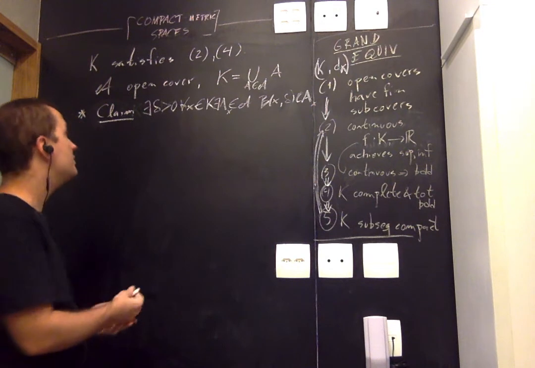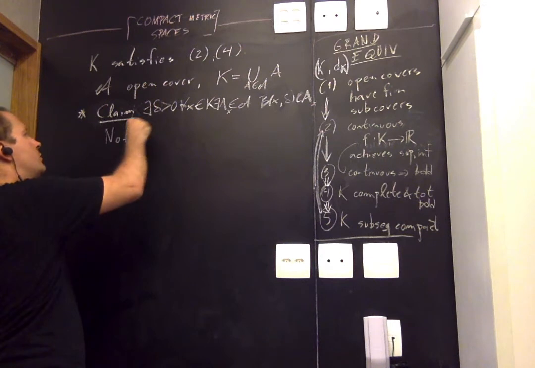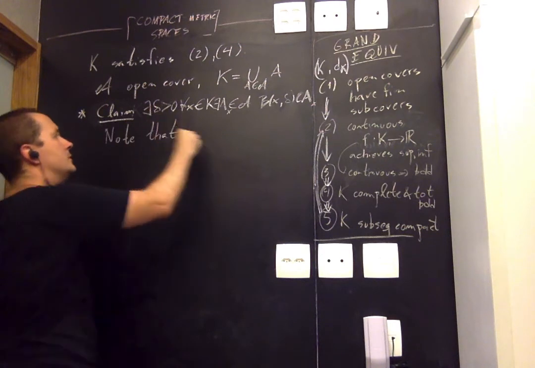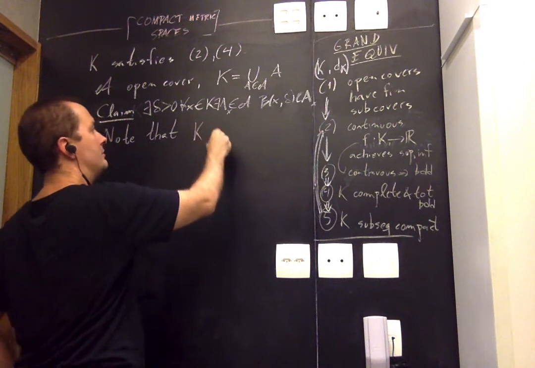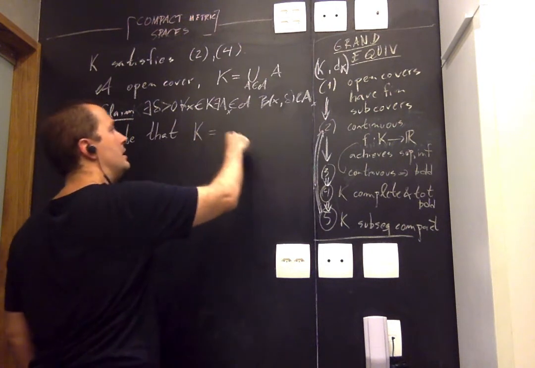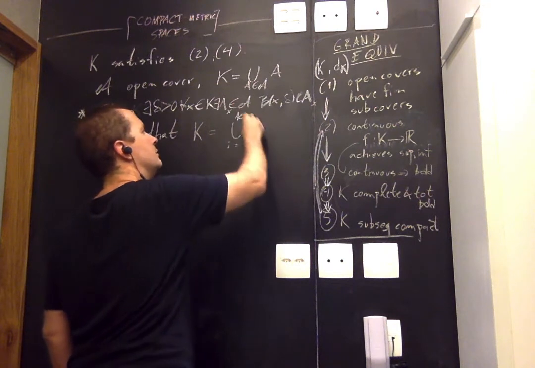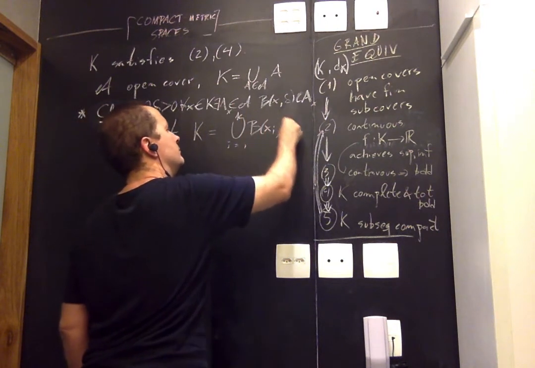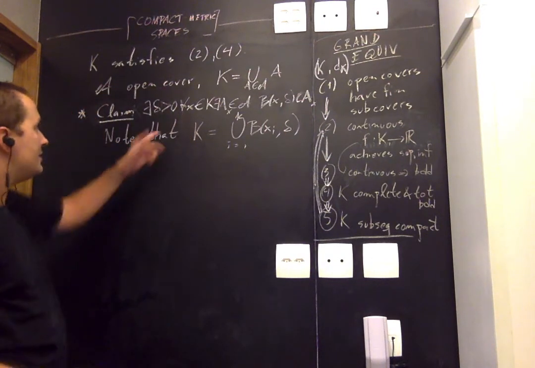And why is this useful? Note that K, remember K is totally bounded, right? So K is covered by a finite union of open balls of radius delta, just because this works for any delta.